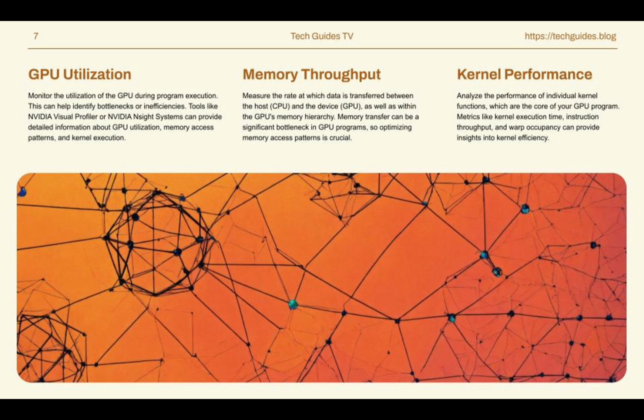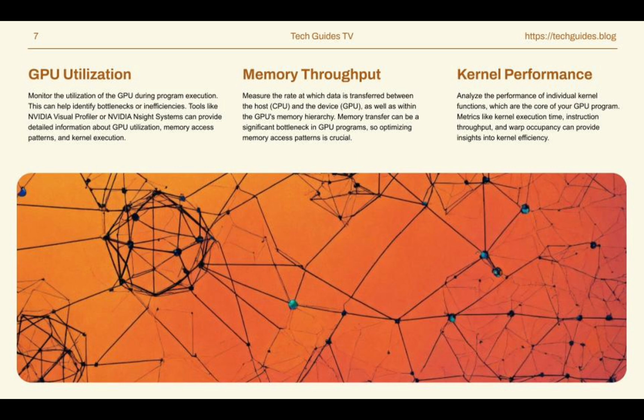Look into NVIDIA Visual Profiler if you're interested. Memory throughput is a measure of the rate at which data is transferred between the host and the device, as well as within the GPU's memory hierarchy. Memory transfer can be a significant bottleneck in GPU programs, so optimizing memory access patterns is crucial.